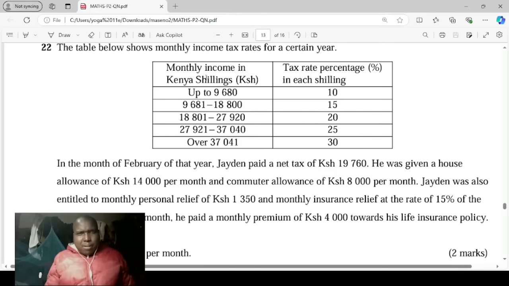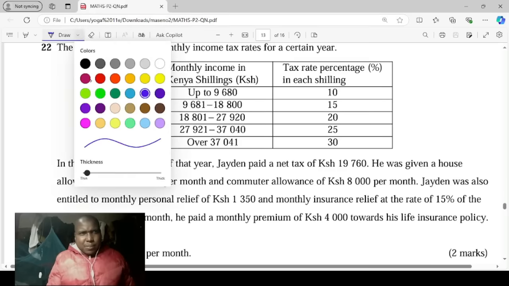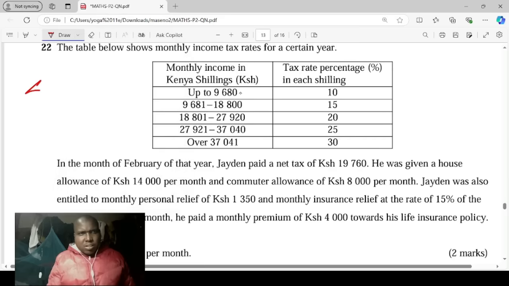So we have a monthly income in Kenya shillings, and the tax rate percentage.